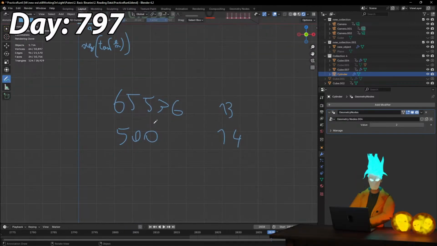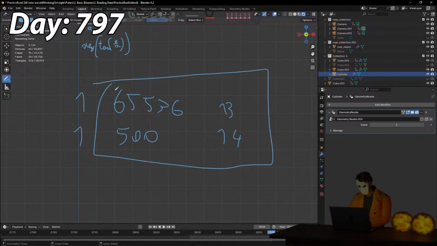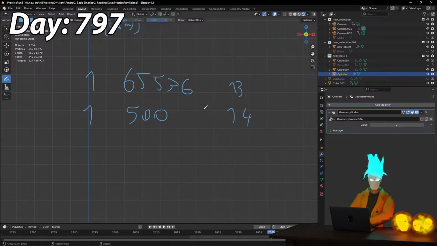Which means we want to do it so that if you reach 1 and 1 on both of them, you are at the same height as you are on the width.